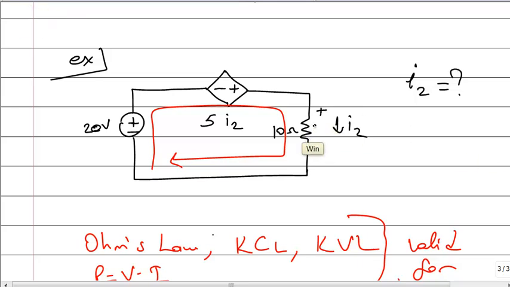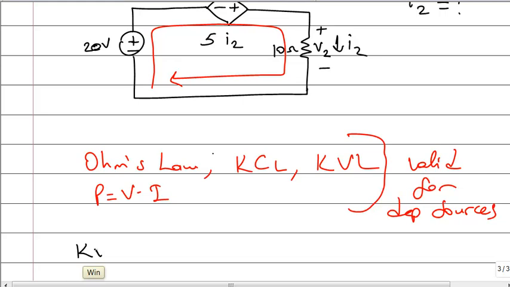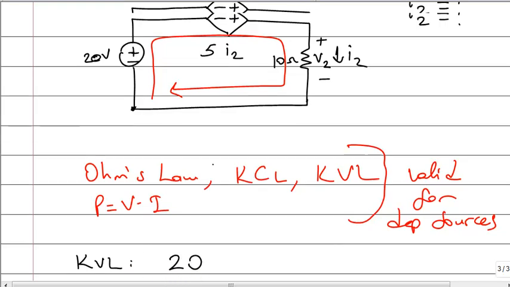If you define a voltage, let me say this is V2. Can you help me how to apply the KVL rule? Start from here. There is a voltage increase of 20. Continue.